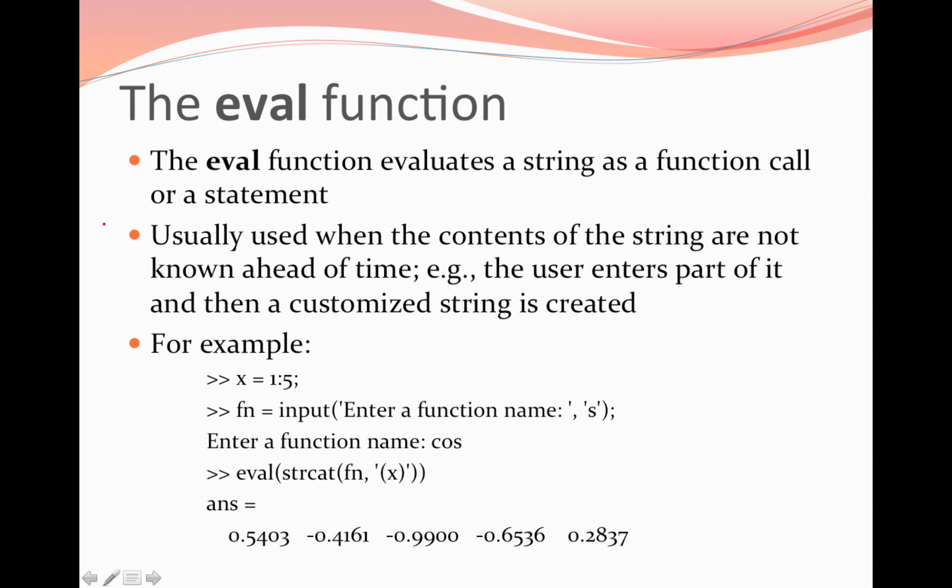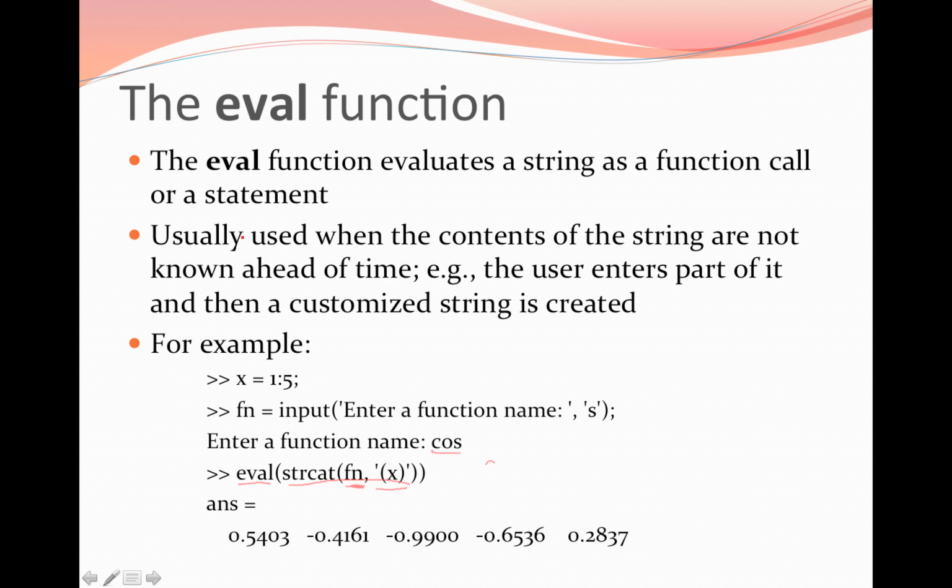And then I'm calling the eval function, and what I'm doing is concatenating two strings together. So first of all, the value of the variable fn. So for example, if I type COS, that's going to be the value of my string variable. And I'm concatenating that with the string that contains parentheses x.